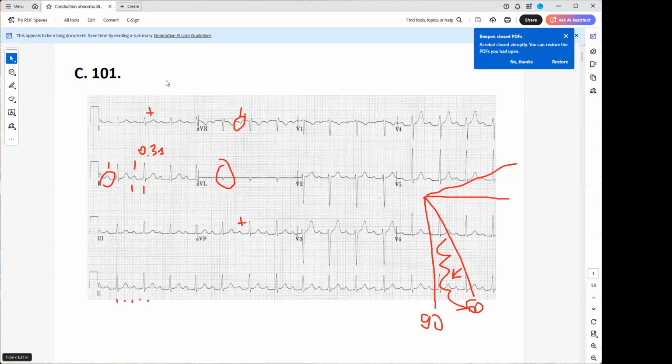Correct. Okay, next, the QRS, how wide is the QRS? This is narrow, yes, that's a normal width, okay? So we do not have any intraventricular conduction abnormality. This is what we can say today, all right?